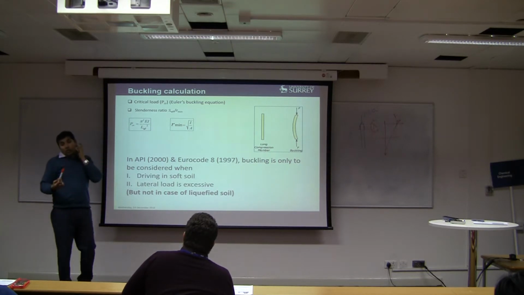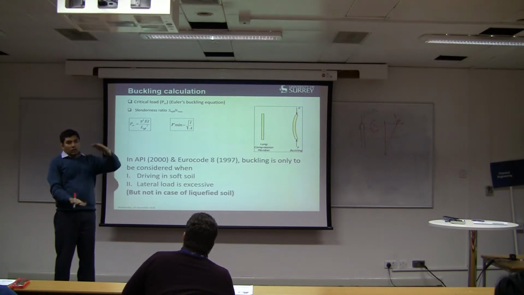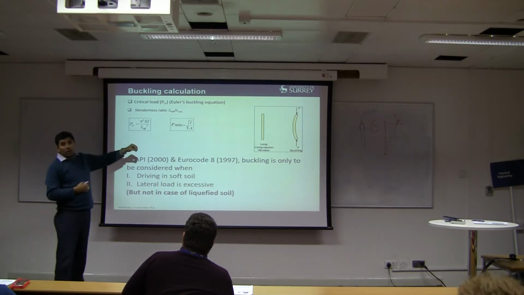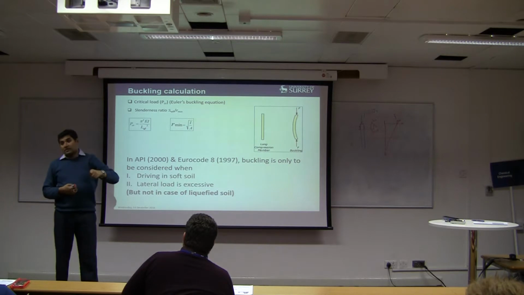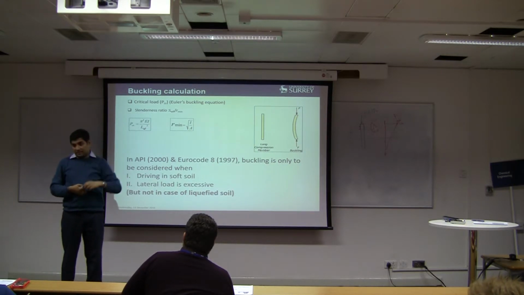So for a new design, if you know what part of the soil would liquefy, you need to consider that length and find out, if that liquefies, what is the buckling load. So axial load should not exceed that.